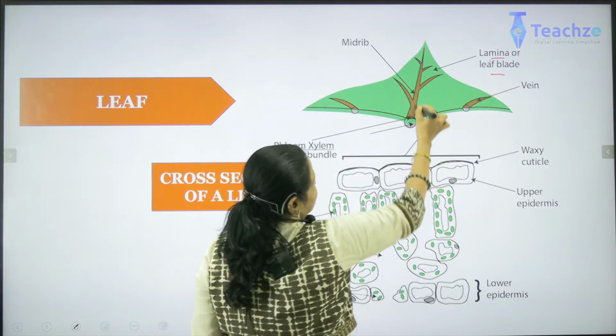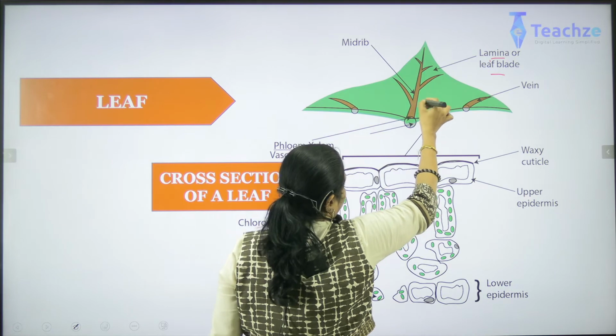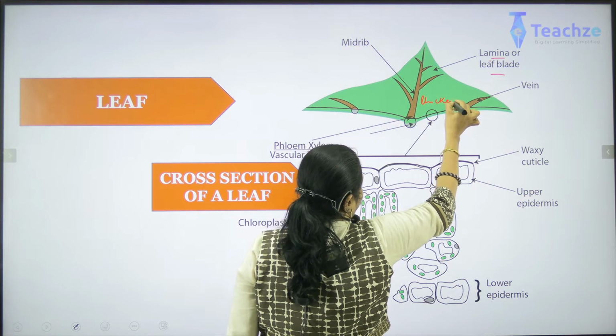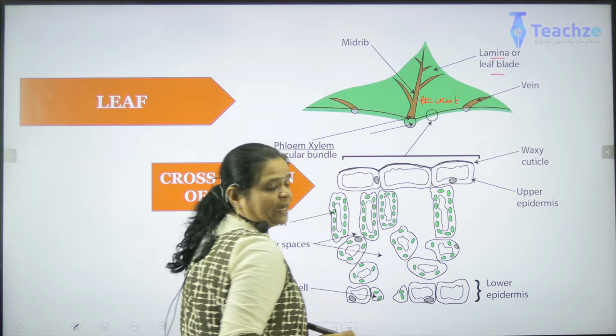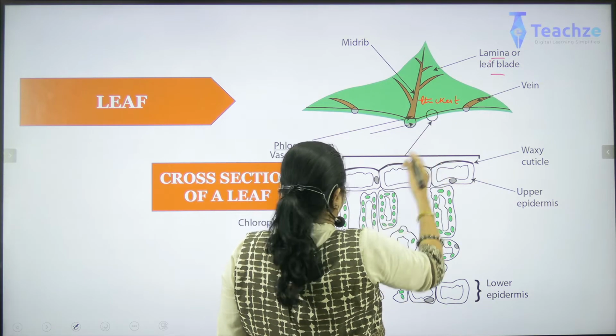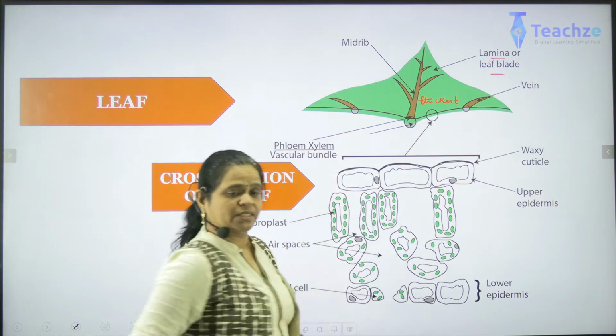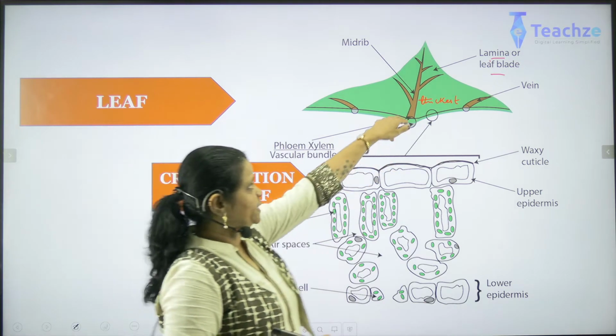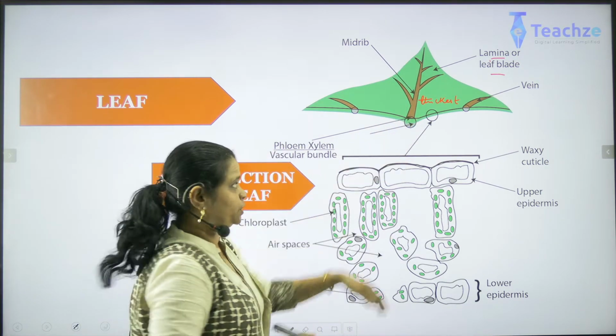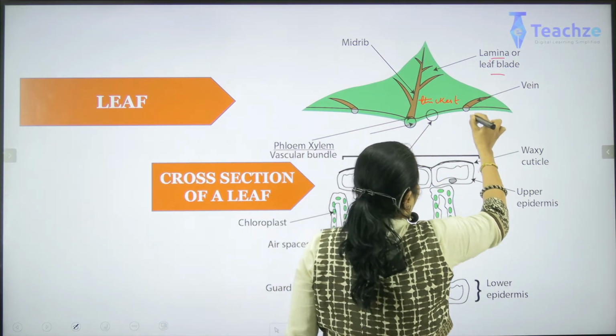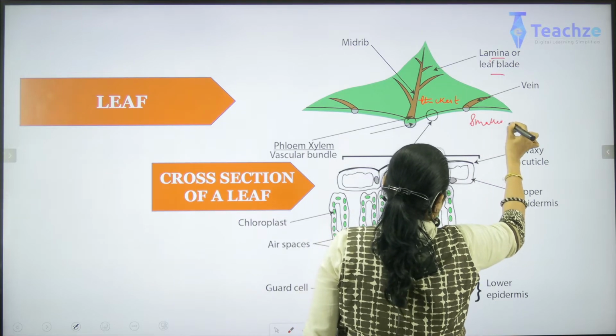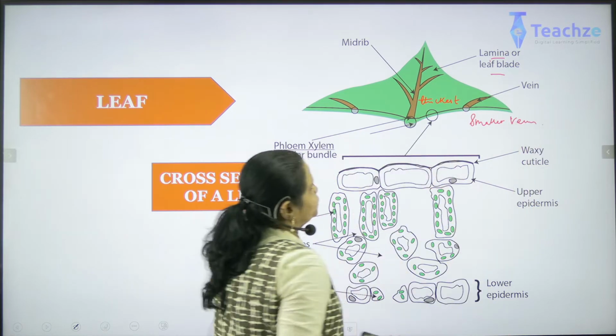Then they have a central portion which is the thickest, the midrib. You will find more cells, that means more chloroplasts, generally in this particular region. Now, you have smaller veins. So this is the general structure.